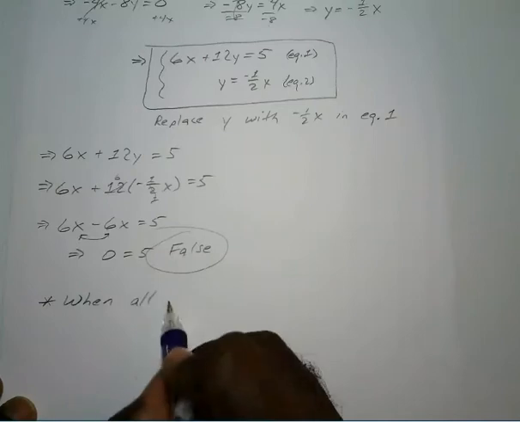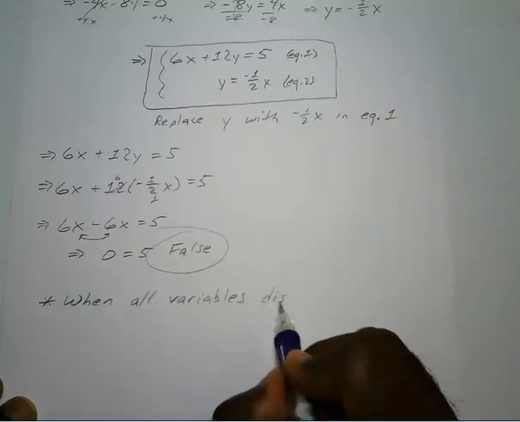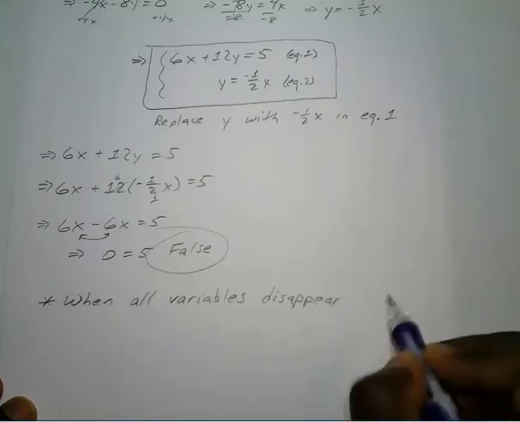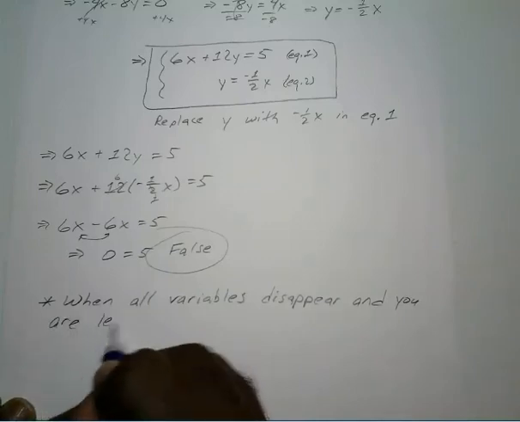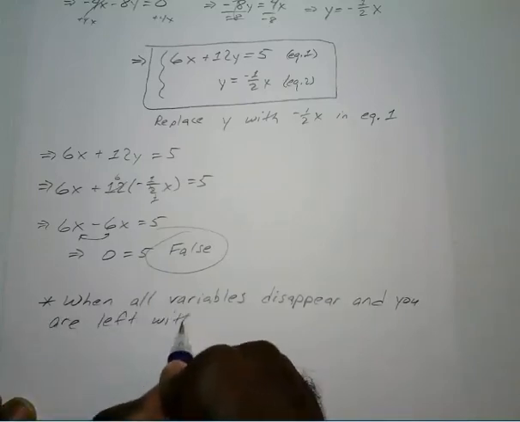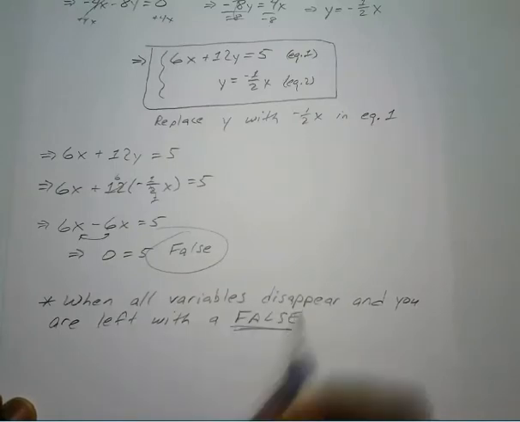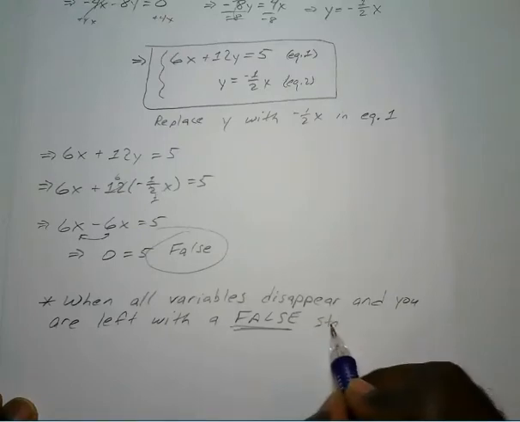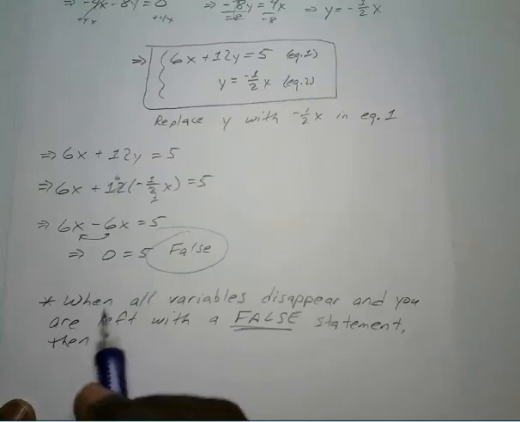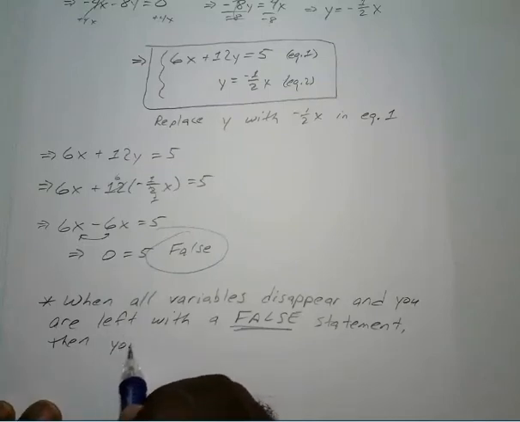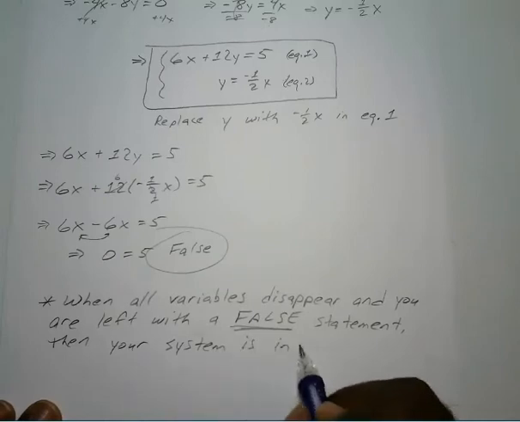When all variables disappear, and you are left with a false, that's the key word here, statement, then your system is inconsistent.